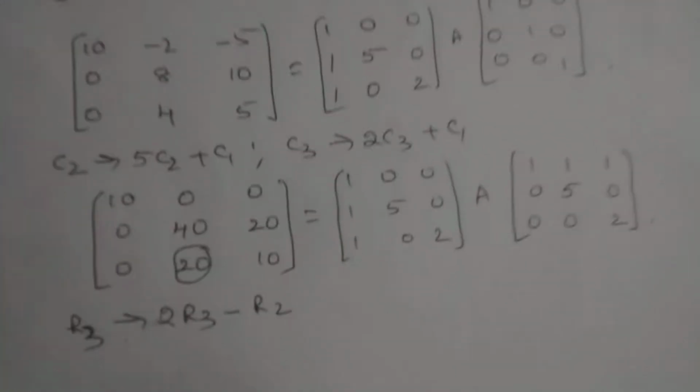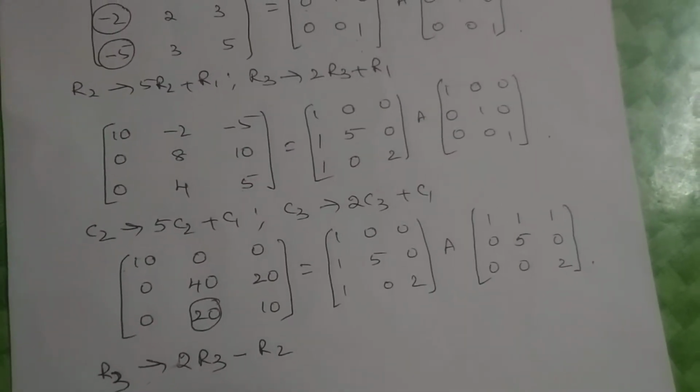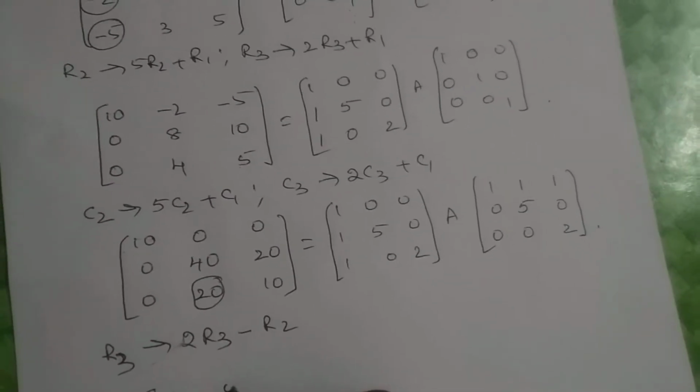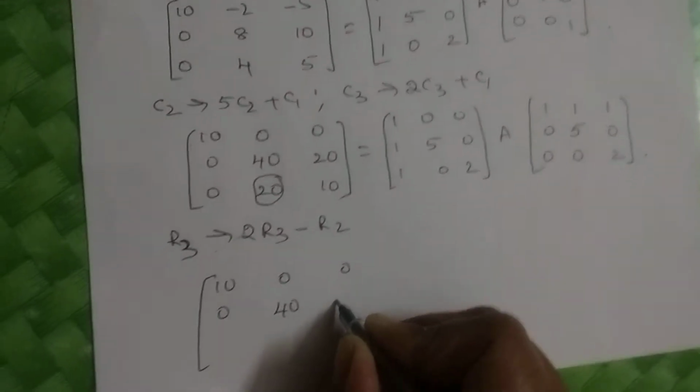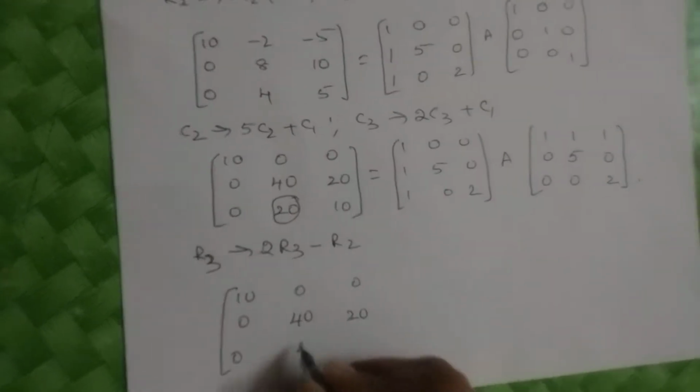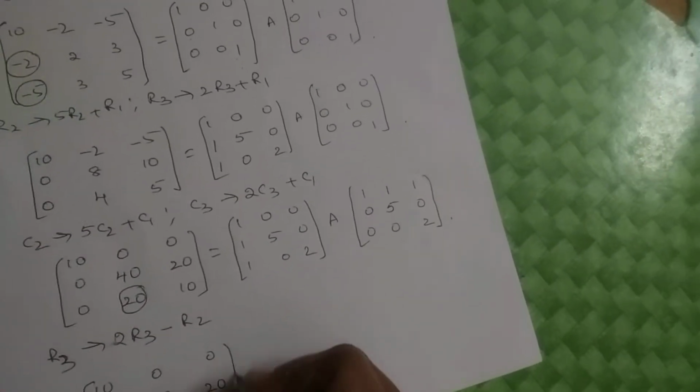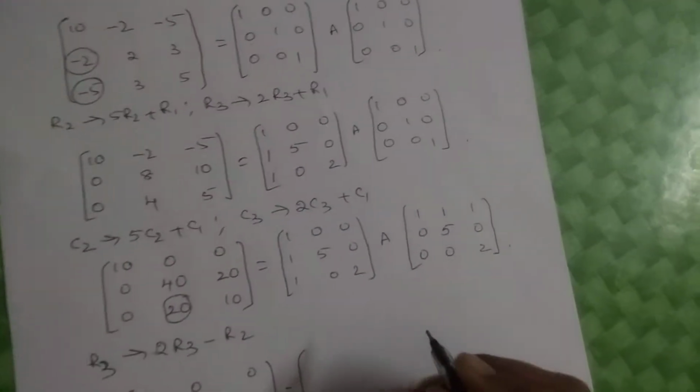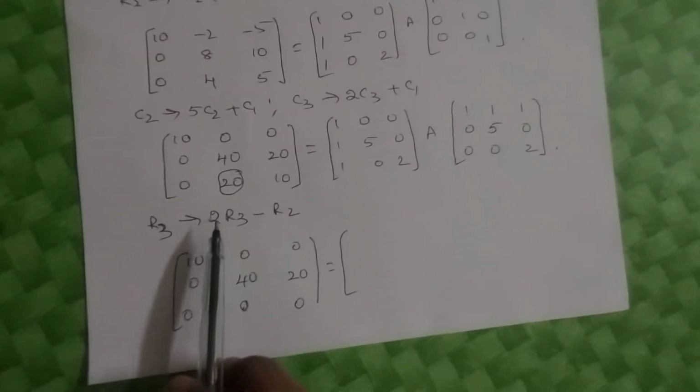So what happens now? This is 10, 0, 0, 0, 40, 20, and here 0. Next 40 minus 40, this is 0. And next 20 minus 20, this is 0. Here we have applied the row operations.